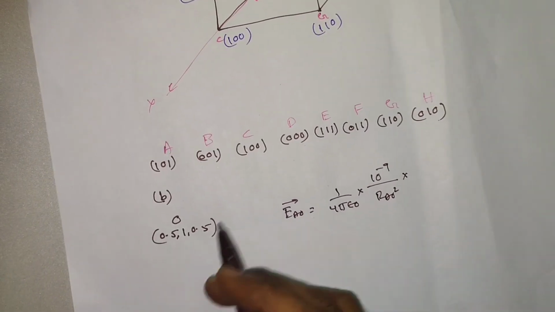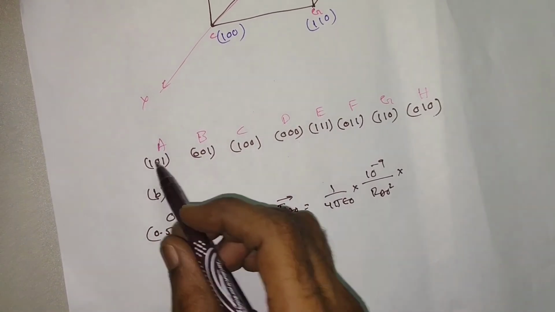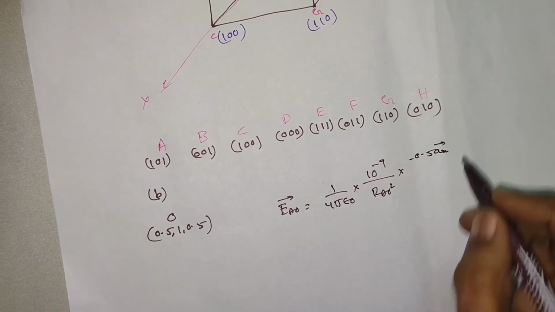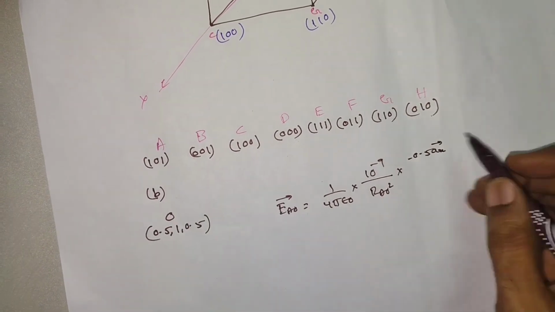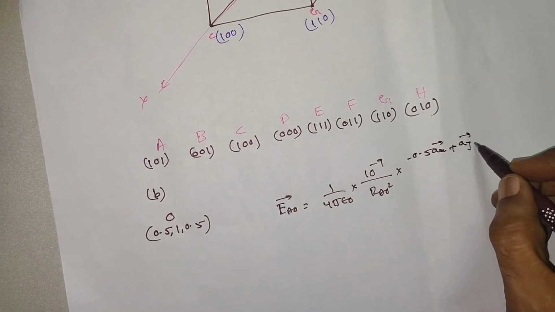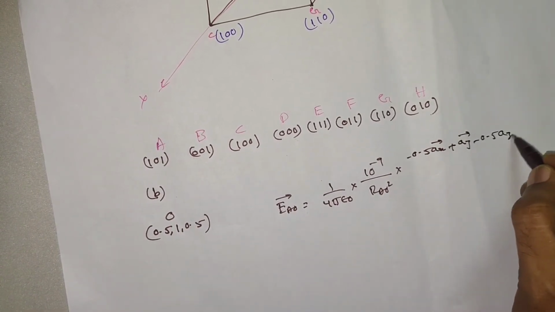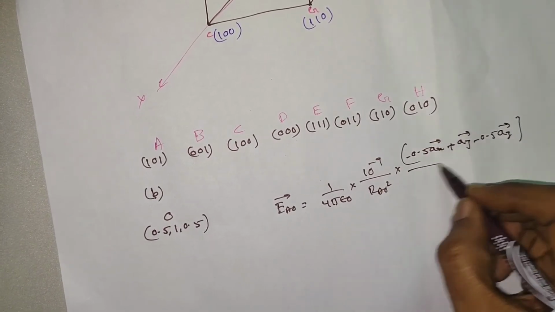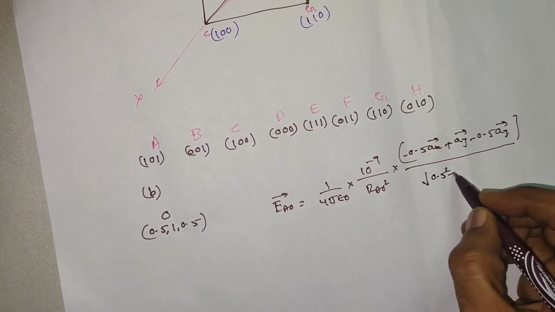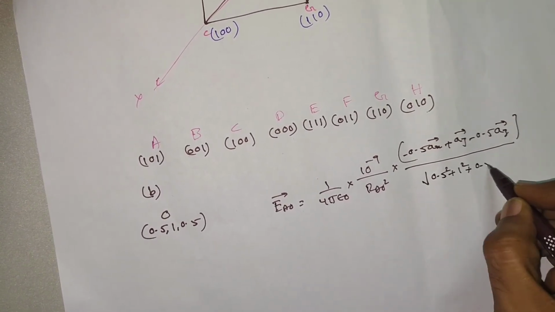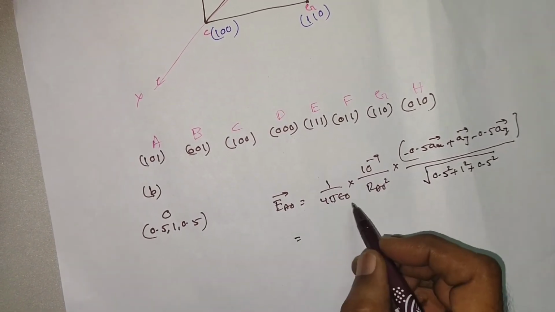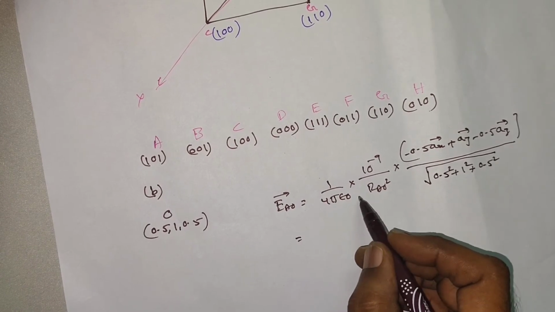So the unit vector directed along R_AO will be 0.5 minus 1, that is minus 0.5 into a_x bar, next 1 minus 0 a_y bar, and 0.5 minus 1, minus 0.5 a_z bar, whole divided by the square root of 0.5 square plus 1 square plus 0.5 square. If we simplify this, epsilon naught is, we know, 1 by 36 pi times 10 power minus 9.